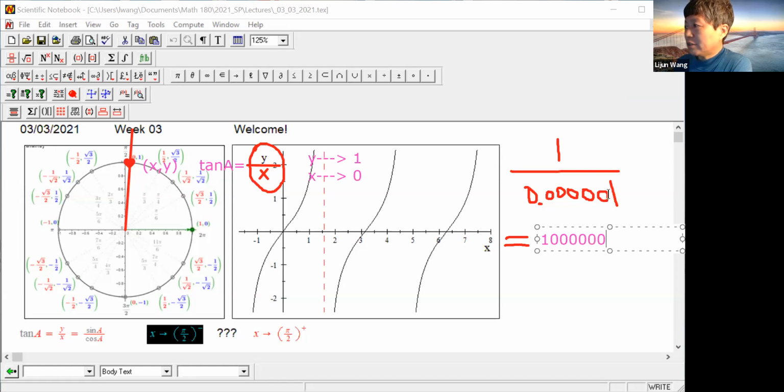What if I add another 0? This time I have 5 zeros, right? What if I have 0.000000001? It's going to be even larger, right? So that's the process you imagine. That's why this curve shoots up from here, because it gets as high as possible. Do you follow me?